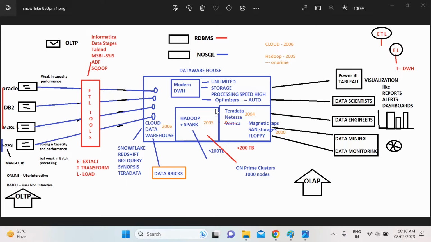I think basic SQL is enough. One of my friends doesn't know SQL, but he is working on the Snowflake data warehouse. He wasn't trained in SQL, but he is doing operations in the cloud data warehouse called Snowflake.